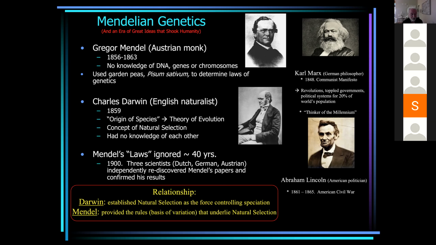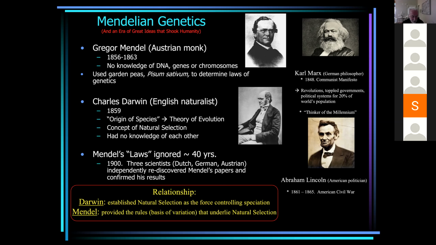Now, Mendel, even though he published in the mid-1800s, no one paid any attention to his publications for about 40 years. And then around 1900, three scientists independently, Dutch, German, and Austrian, rediscovered the publications. They tried to repeat Mendel's results, and they were successful. They confirmed what Mendel had reported. So why do I bring these up together?